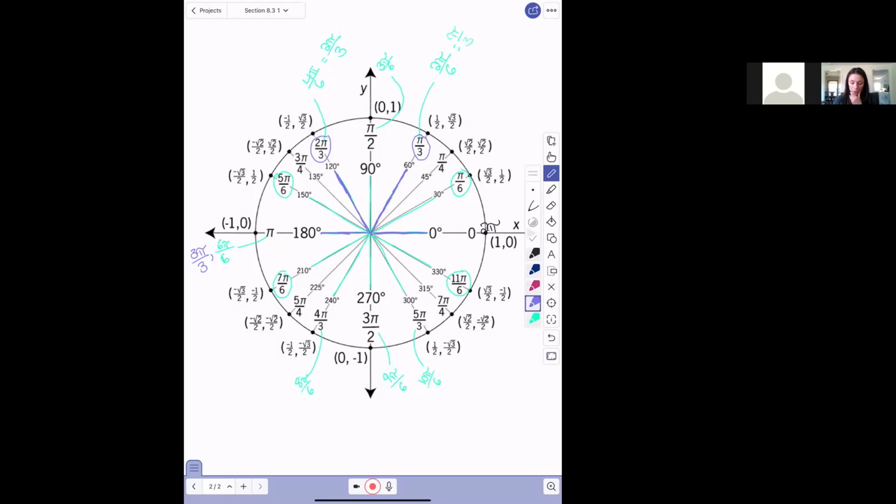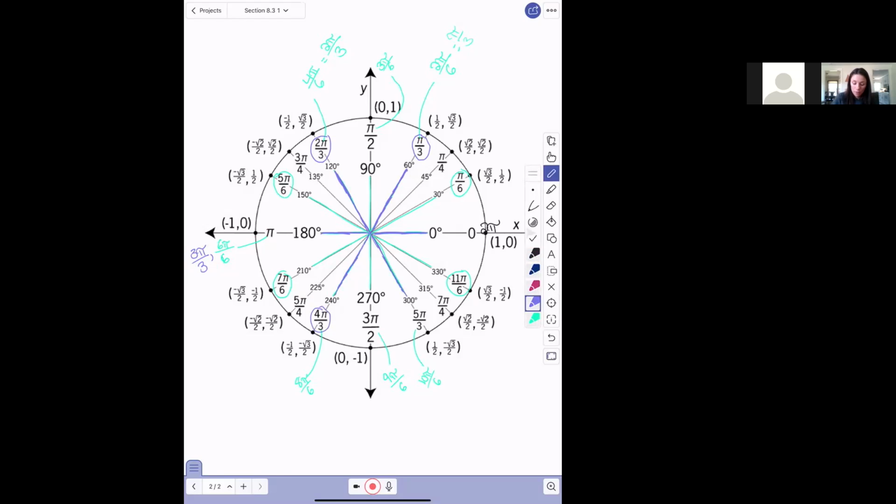Okay. Next, if we continue with our thirds, we have this one, this one. We have that. 3/3 pi, when we add a third, we end up with 4/3 pi.